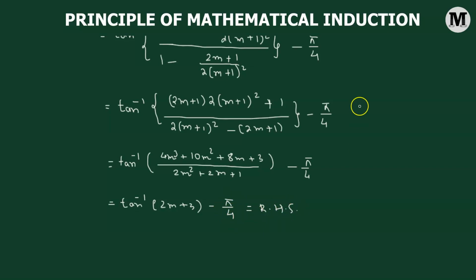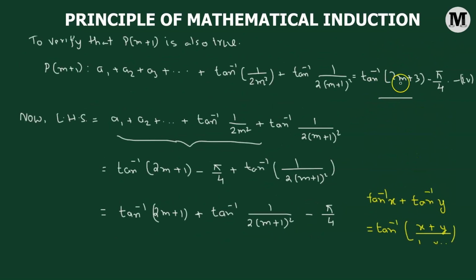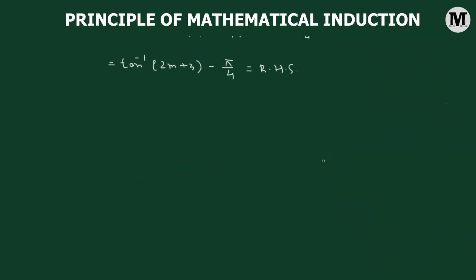On the right hand side, we need a tangent inverse of 2m plus 3 minus pi over 4. So here we have shown that the left hand side equals the right hand side. If the left hand side equals the right hand side, we can say that the statement p of m plus 1, which we considered, is a true statement.